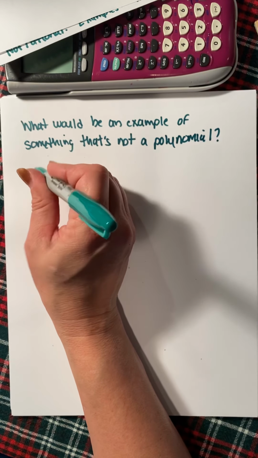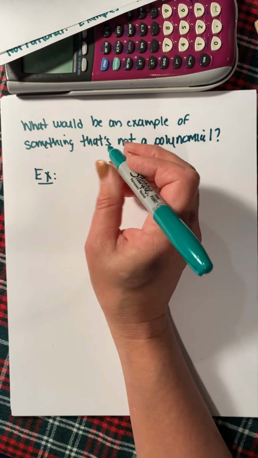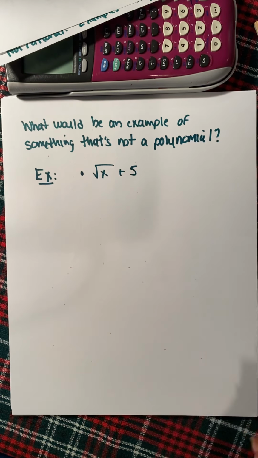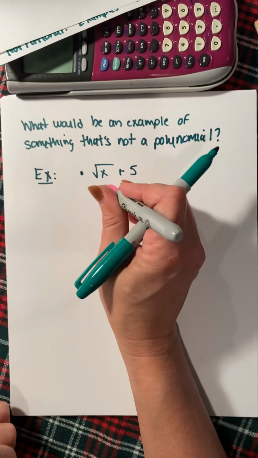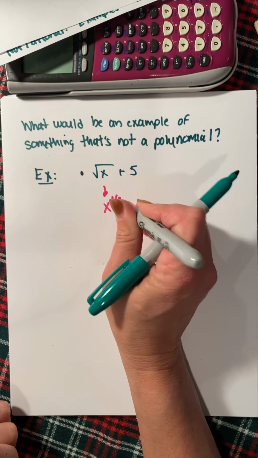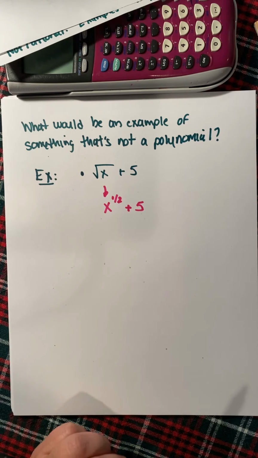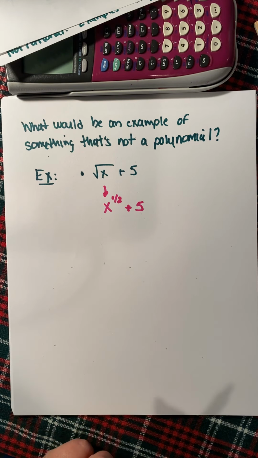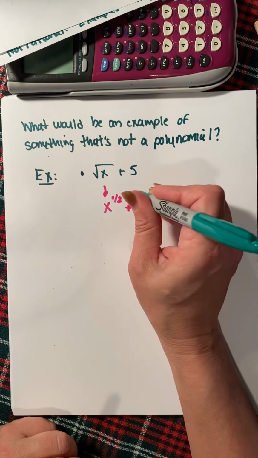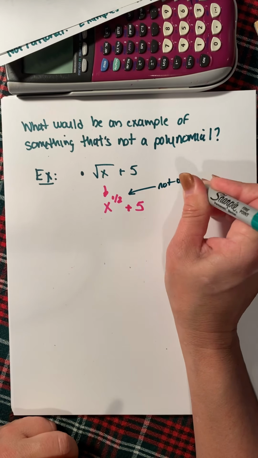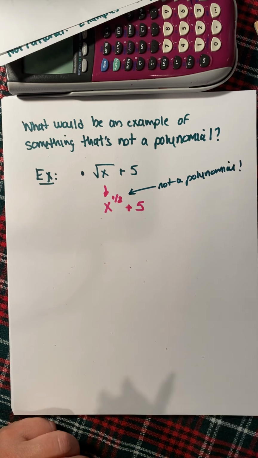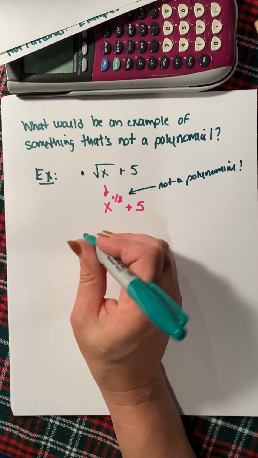Well, the square root of x plus 5 is not a polynomial. Because remember, the square root of x is equivalent to x to the 1/2 power, plus 5. So we can write radicals as powers, but in order for it to be a polynomial, the power has to be a whole non-negative number. So 1/2 wouldn't work here, so not a polynomial. So radicals, variables under the radicals, are not polynomials.